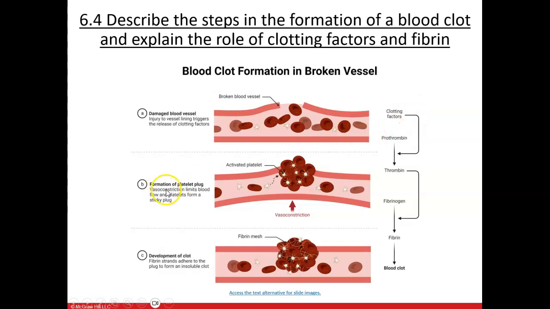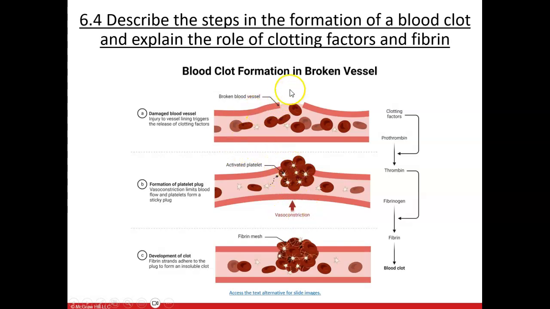The first thing that happens is, as the red blood cells are squeezing out there, the platelets get activated by these clotting factors, and they start sticking to these red blood cells, and they start making what we call a platelet plug. At the same time, the blood vessel spasms and starts to close up, and that is termed vasoconstriction.